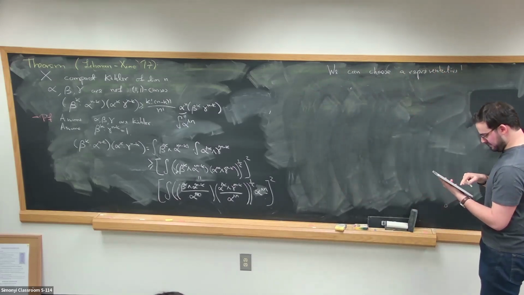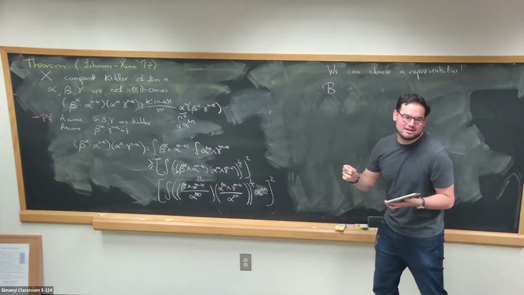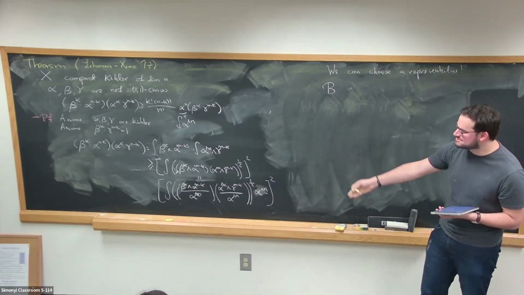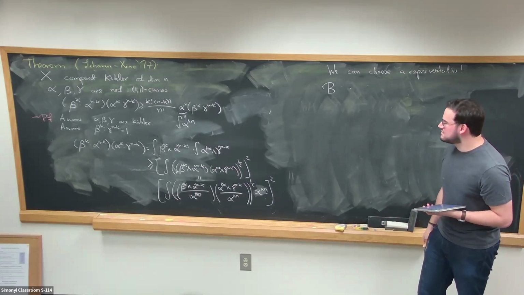And we're gonna choose the following. This is where really big theorems are being used. I don't know if it's a big theorem, but it's something that I don't know the proof of.